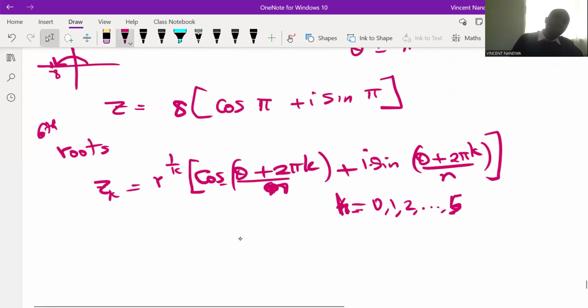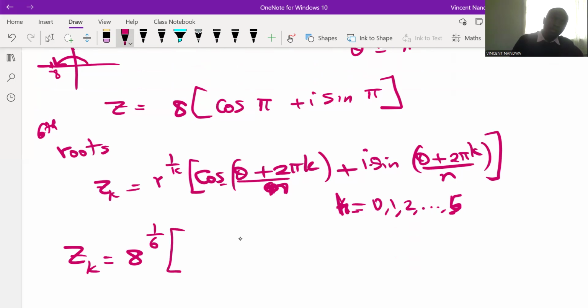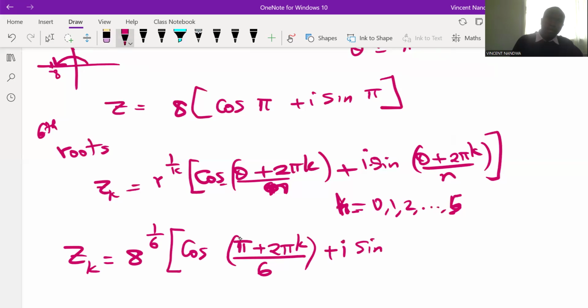So we'll have z_k, r is 8 raised to the power 1 over 6 times cos of, our theta is pi, so pi plus 2 pi k divided by 6, plus i sine of pi plus 2 pi k divided by 6.